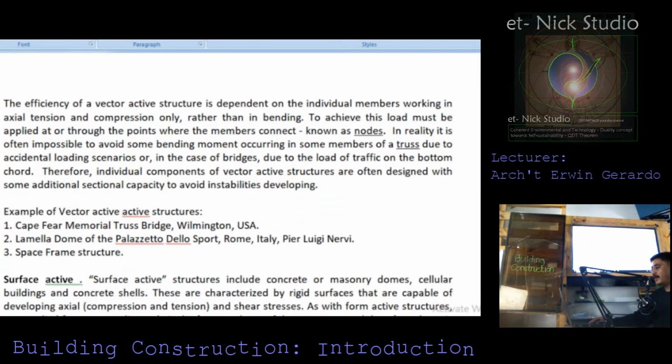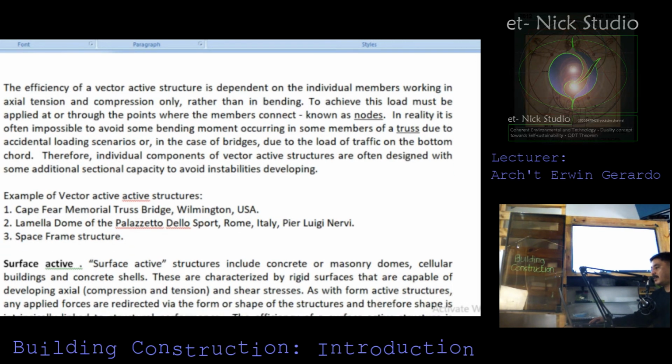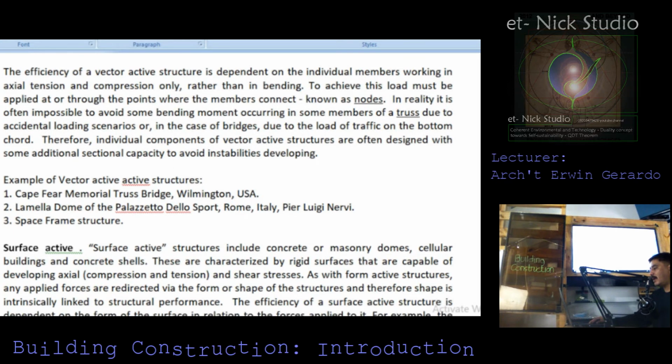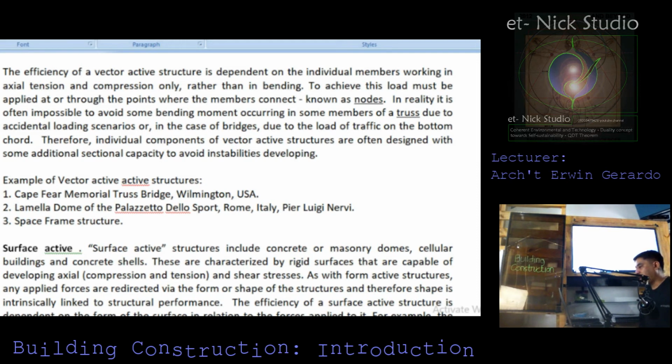The efficiency of a vector active structure is dependent on the individual members working in axial compression and tension only, rather than in bending. To achieve this, load must be applied at or through the point where the members connect, known as nodes.